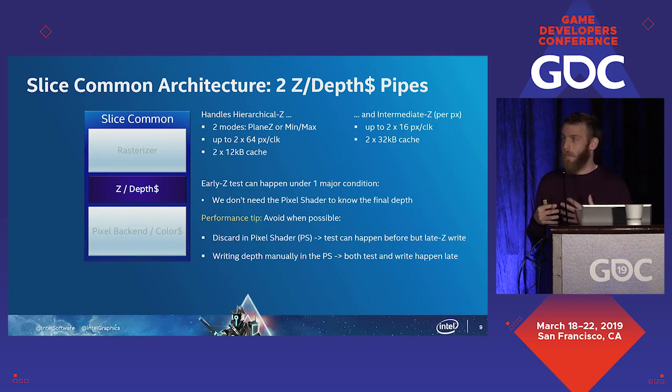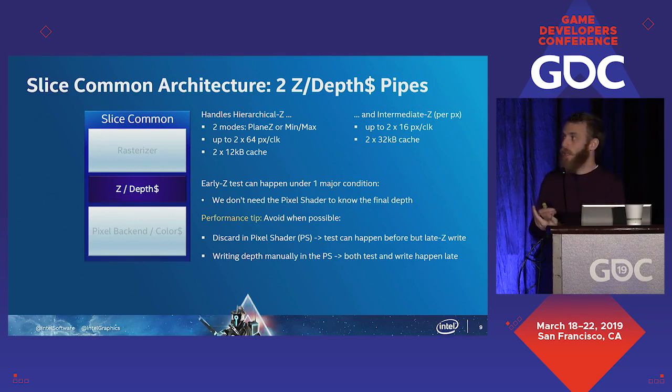Basically, the ideal mode is when you have only one triangle covering each span. In that case, we only store the plane equation, and we can easily detect if the new upcoming triangle is in front of or behind that plane. If there is another triangle that intersects on that span, we need to change mode, and we go to min and max mode, where we store the minimum depth value and the maximum depth value for that 4x4 block.